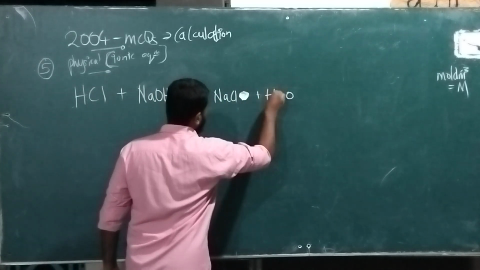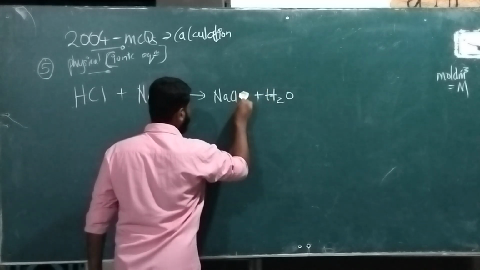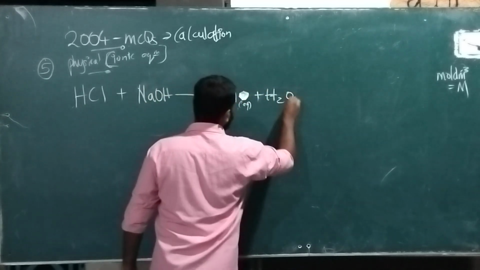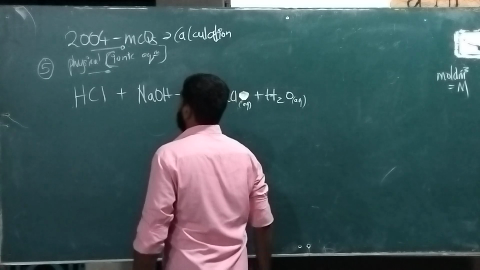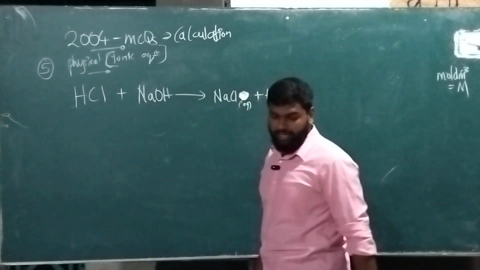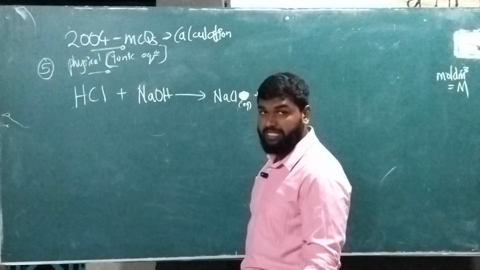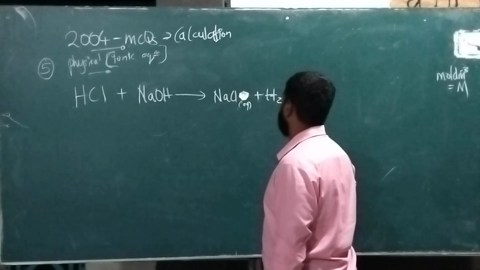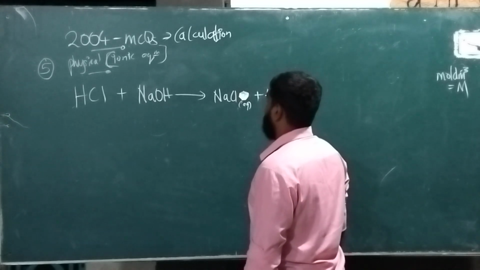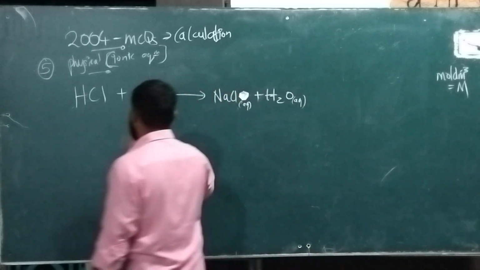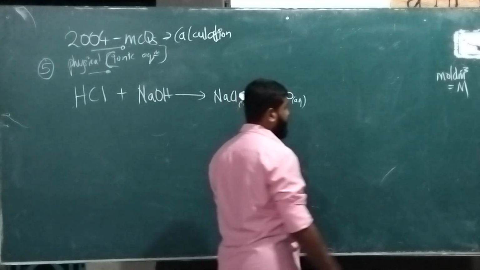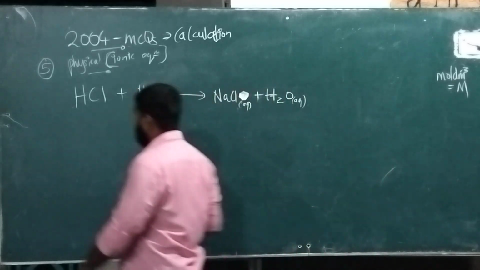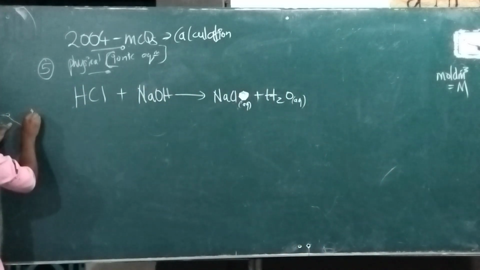You have studied this also in O levels, same reaction, right? So you have to think about the number of moles that were present initially, right? Now see here, you have to find out the initial moles. So let me write here the initial moles.